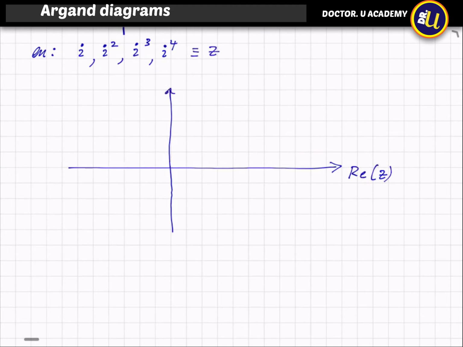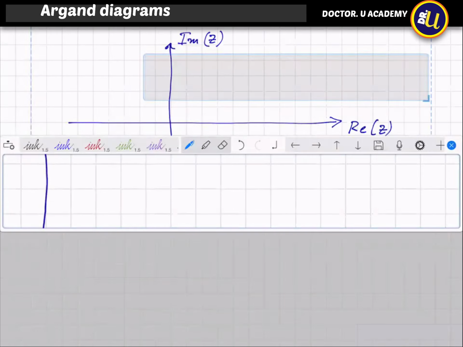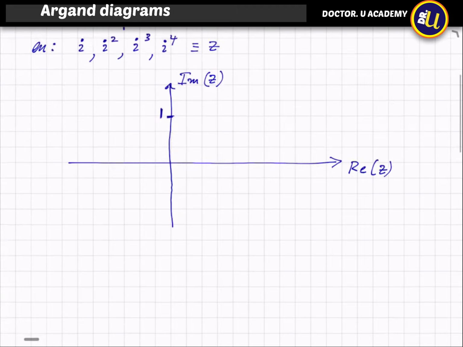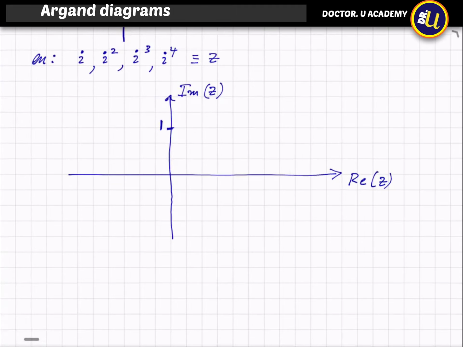This is imaginary of z. Now i should be on the imaginary axis over here. The coordinate would be 1 because this is 1i. So z1 is equal to 1i, and that would be here.